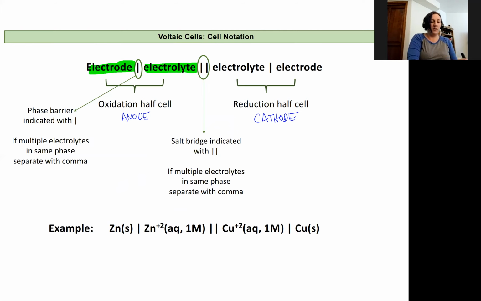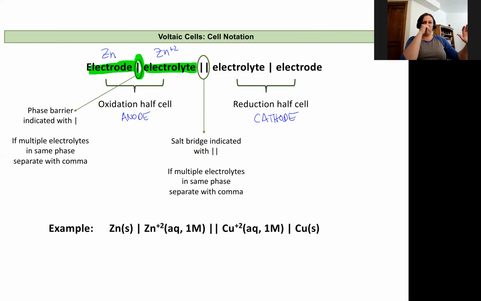So our electrode is the solid, which is our zinc metal. Our electrolyte that we had in solution was our zinc plus 2 ions that were floating around. And then I will separate these with just one line right here to show that there's a difference: here's my electrode, straight line, here's my electrolyte. And that's going to take care of the anode half.